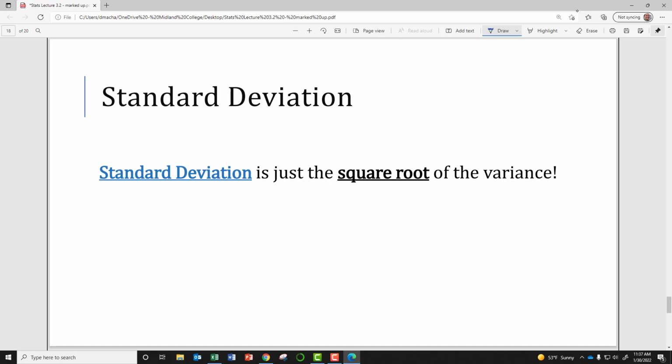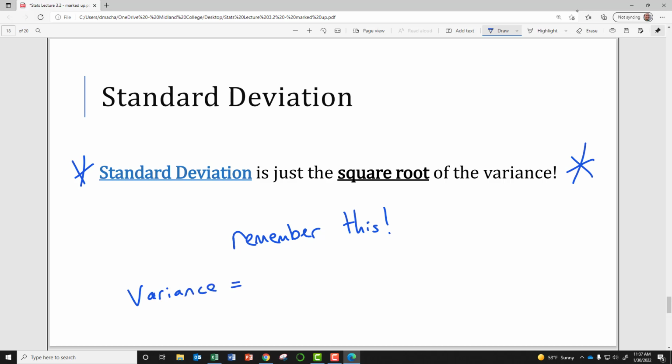Finally, we're talking about standard deviation, and I want to tell you standard deviation is just the square root of the variance. Please remember this. You must remember this for any exam that you're going to take in this course. The standard deviation is just the square root of the variance, which means that the variance is just standard deviation squared.